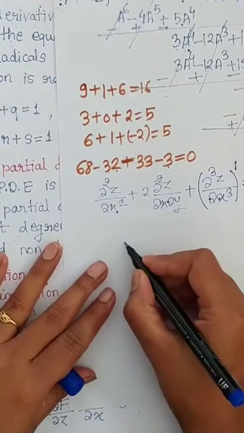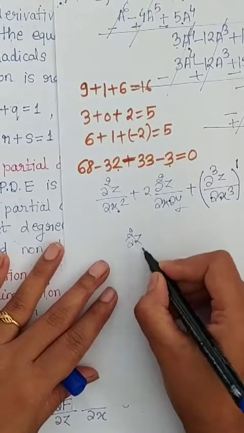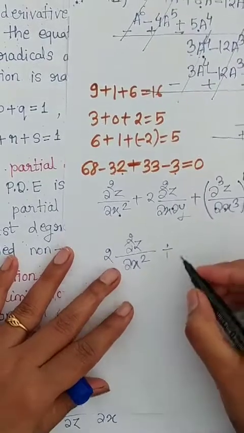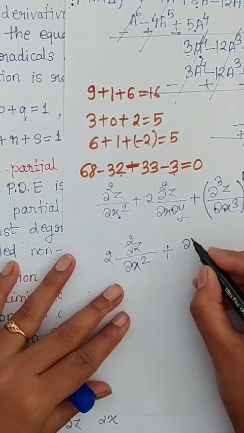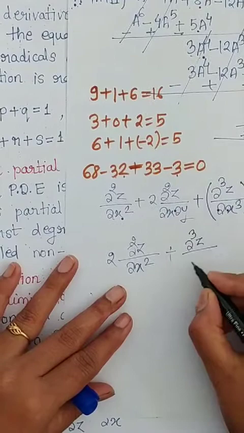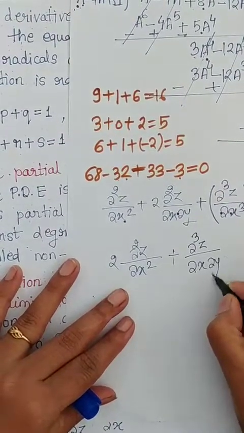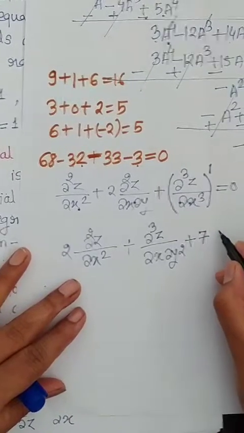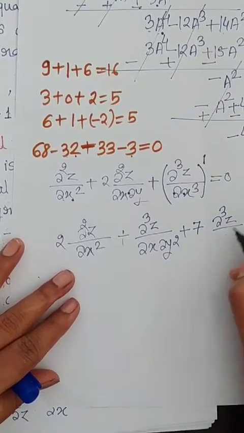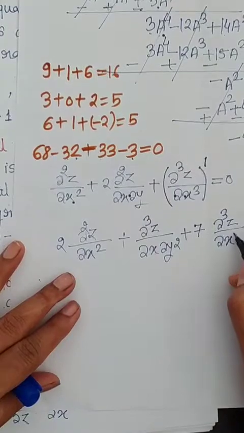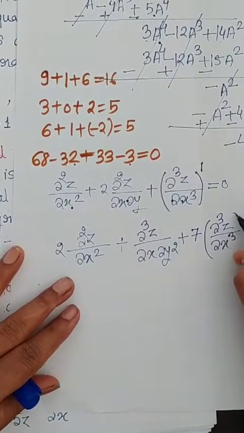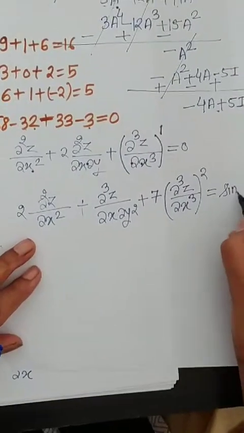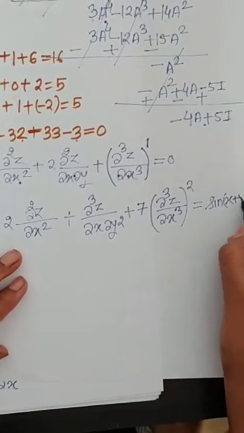Let us take another example. If we have 2 times del 2z by del x square plus, say, del 3z by del x del y, whole square, plus, say, 7 times del 3z by del x cube to the power 2 is equal to, say, sin of x plus y.